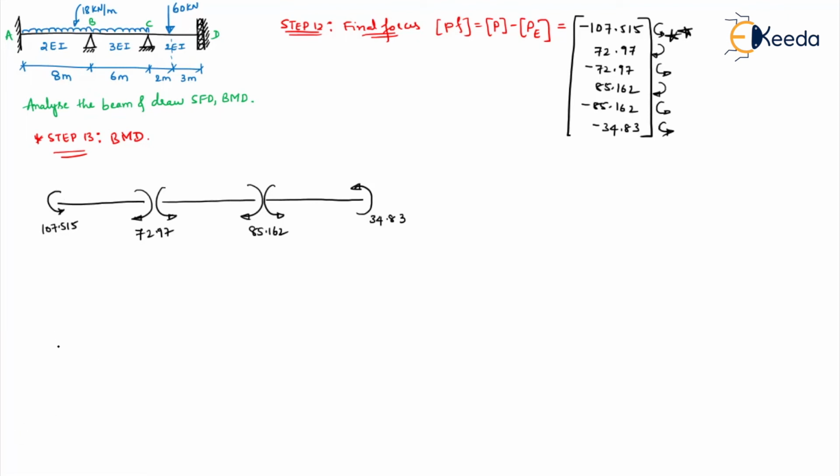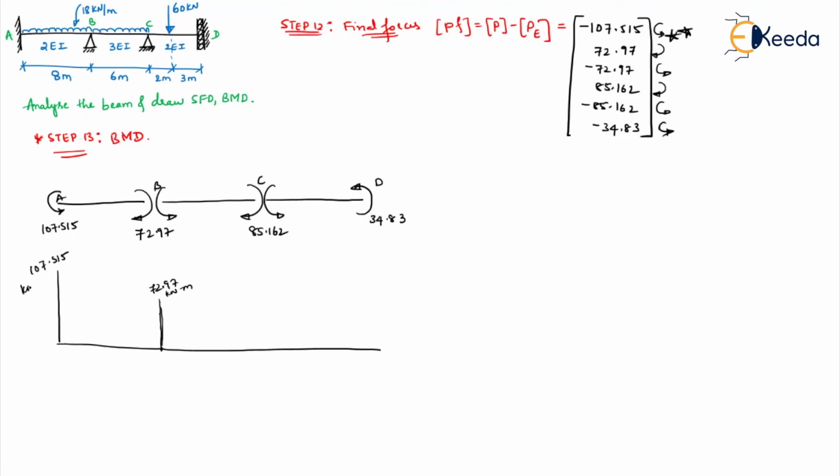Now how will it look? We'll draw a line. So this is your portion A, B, C and D. Here it is lifting the beam up, so you should go up by 107.515. Here both ways it is lifting the beam up, so it will be 72.97 kilonewton meter.